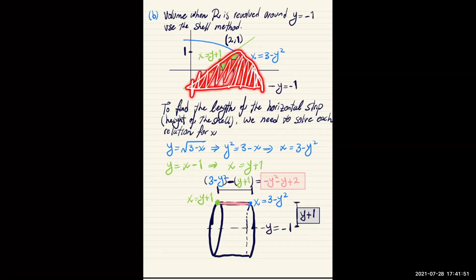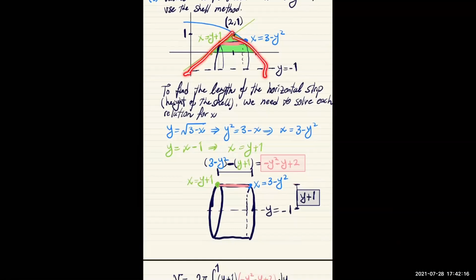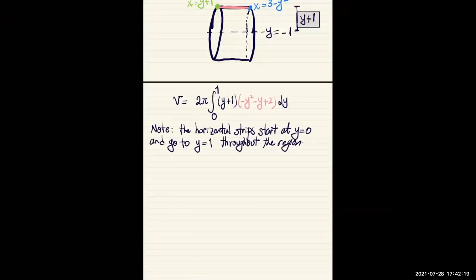So when you revolve this triangle around y equal to -1, it would give you a dreidel for Hanukkah, those things that you spin. It's a dreidel for sure.